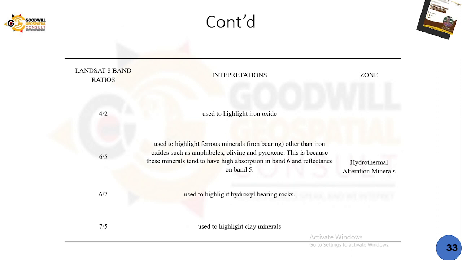Now, for Landsat 8 band ratios, band 4 over band 2, we use them to map iron oxides. Band 6 over band 5 is used to identify ferrous minerals, that's iron bearing, other than iron oxides, such as amphiboles, pyroxenes, and olivines.